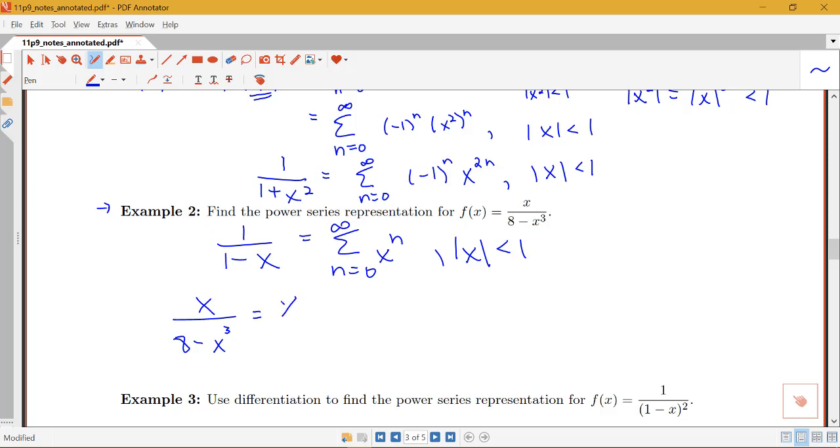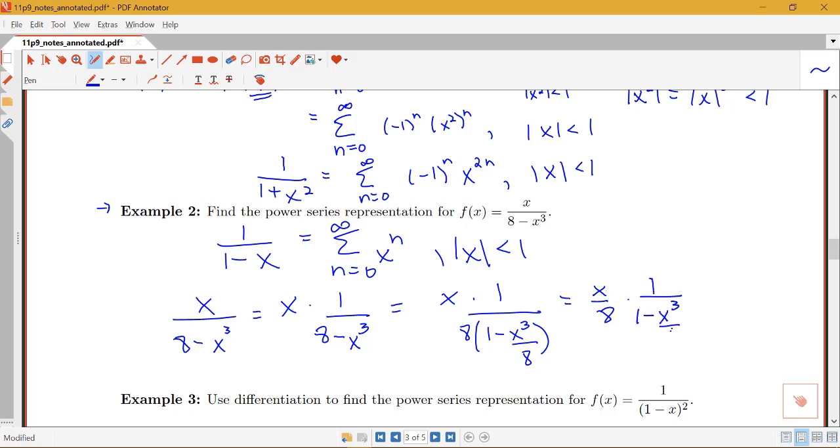So notice I can write this as x times 1 over 8 minus x cubed. Okay, and then I'd like that 8 to actually be a 1. So I'm going to do some factoring here and say this is x times 1 over 8 times 1 minus x cubed over 8. Okay, so I can pull out x over 8 then in front, say I have x over 8 times 1 over 1 minus x cubed over 8.